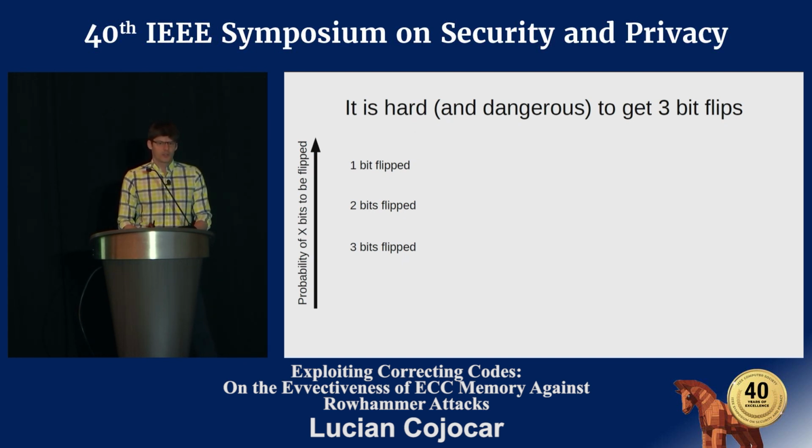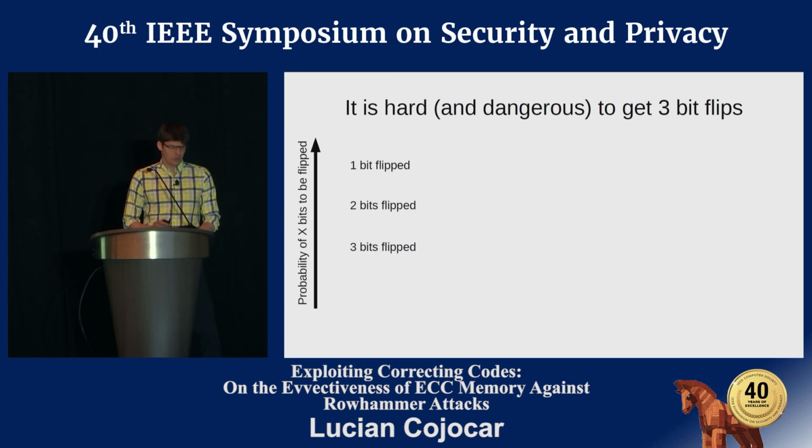In short, the odds are against us. For example, it's very easy to get one bit to flip. There are so many 1-bit flips, but it's very difficult to get, let's say, 3 or more bits that flip. So this is the probability of encountering these cases.